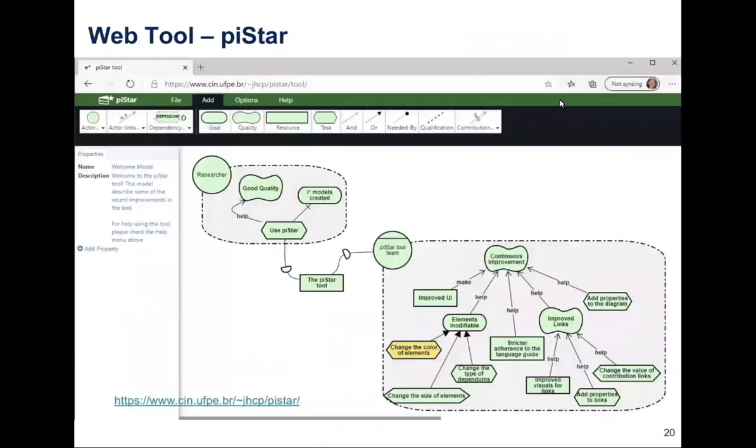A third tool is called PyStar, which is also available on that website, but is not commonly used compared to Sandrella and the JUCM navigator. But if you're interested, you could give it a try.